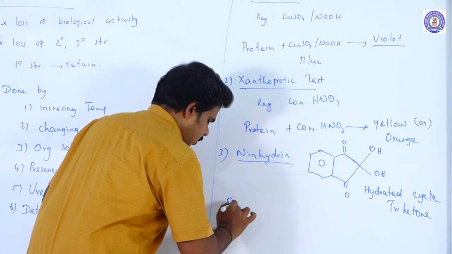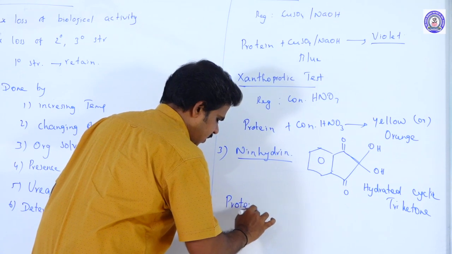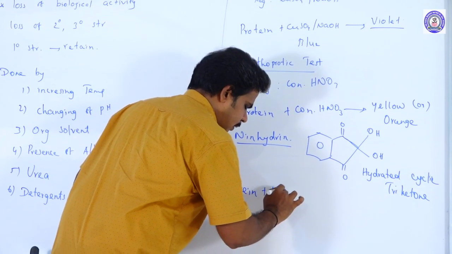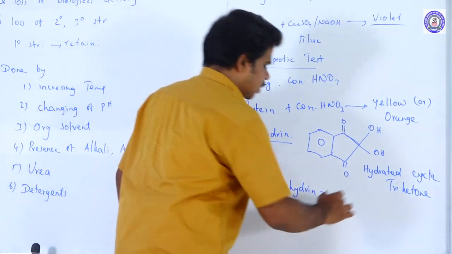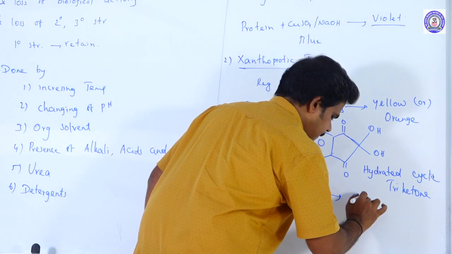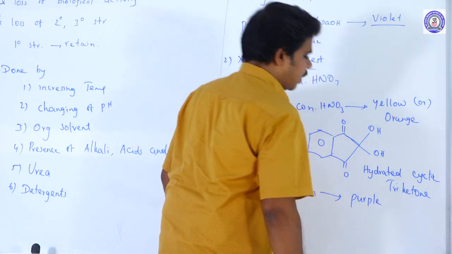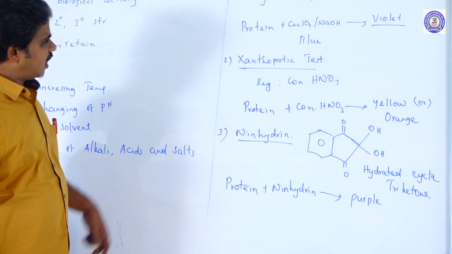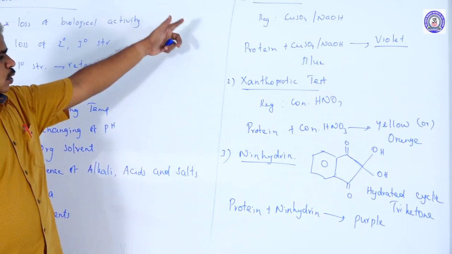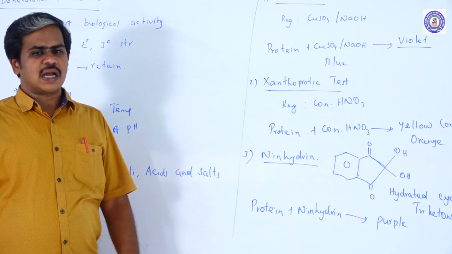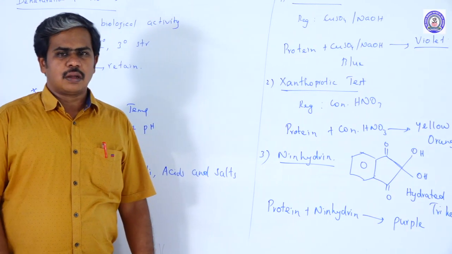Protein in the presence of ninhydrin gives a purple color. So in that way we may identify proteins: the biuret test, the xanthoproteic test and the ninhydrin test. Okay, thank you.